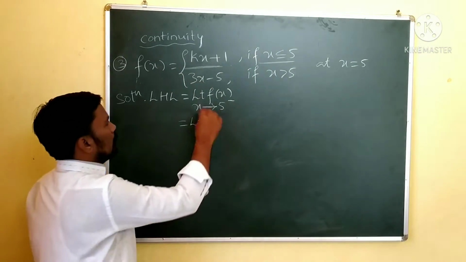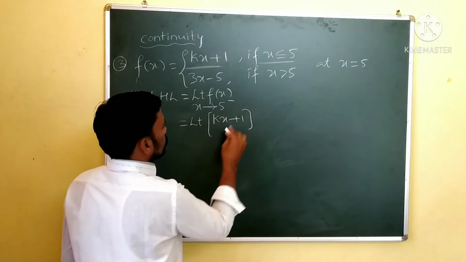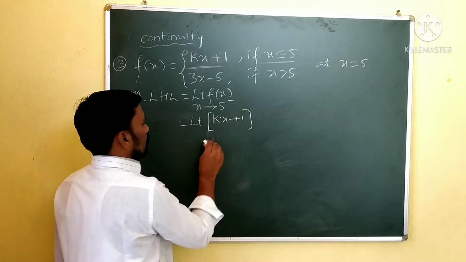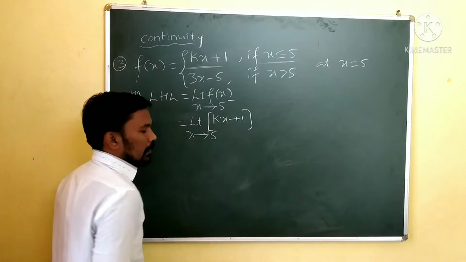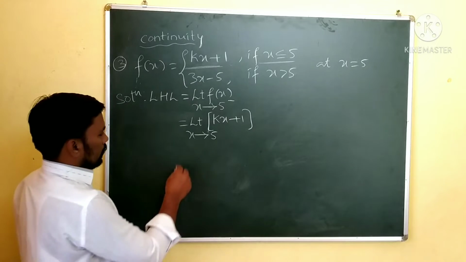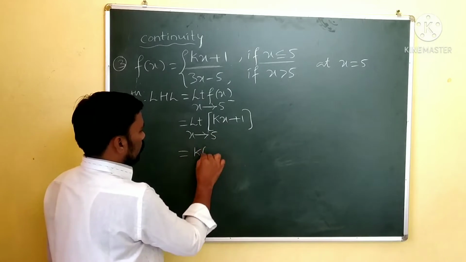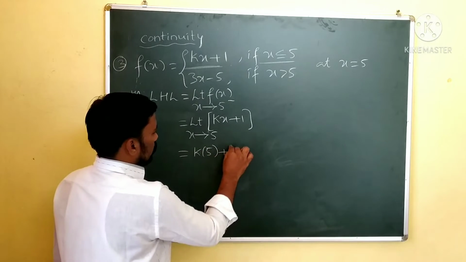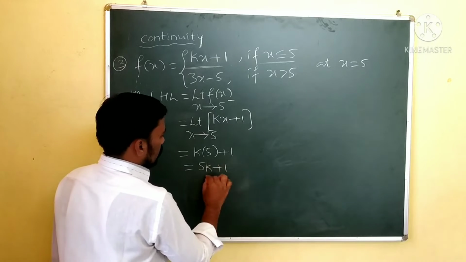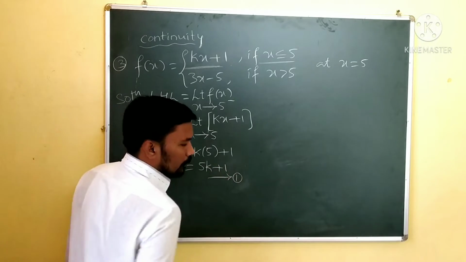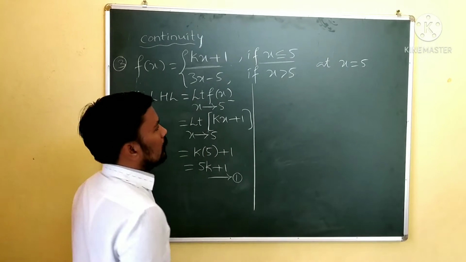Now let us replace f of x by kx plus 1, as x tends to 5. Now apply the limit. Replace x by 5. It becomes k into 5 plus 1, which is 5k plus 1. So this is equation number 1, the left hand limit value.